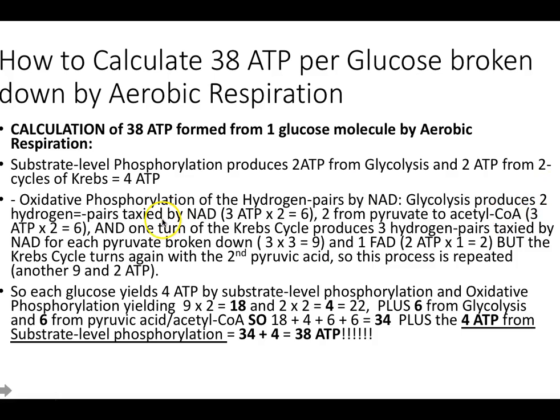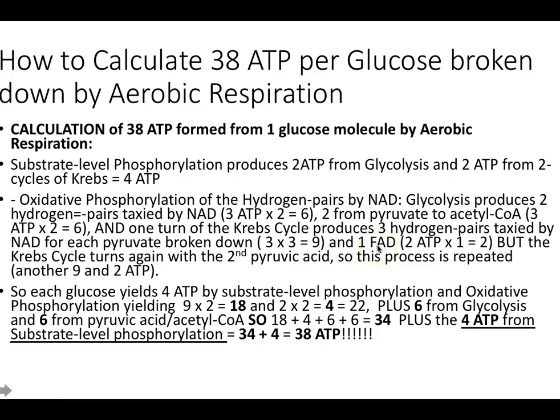So now you've got, again, 2 of your hydrogen pairs times 3 ATP gives you another 6 ATP. 1 turn of the Krebs cycle produces 3 hydrogen pairs taxied by NAD for each pyruvate broken down. So that's 3 times 3 is 9.